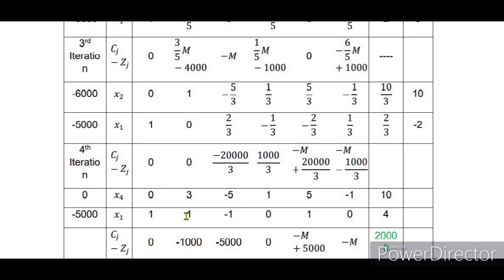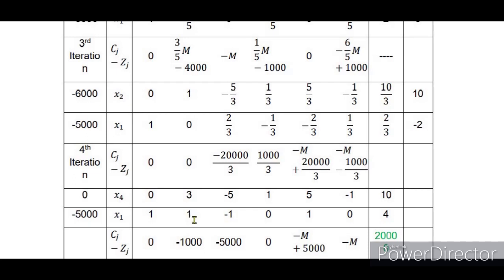Next column, the x sub 2 column. 0 times 3 is 0. Negative 5,000 times 1 is negative 5,000. So 0 plus negative 5,000 is negative 5,000.